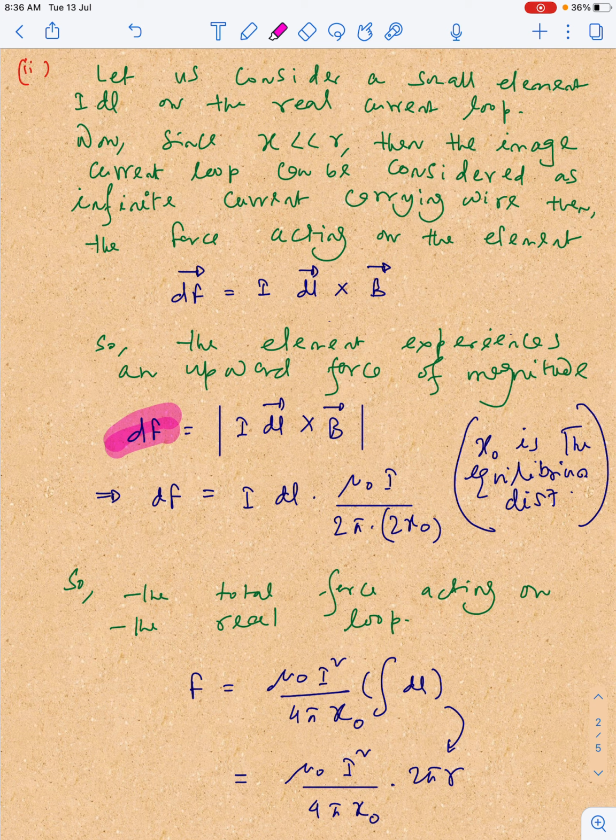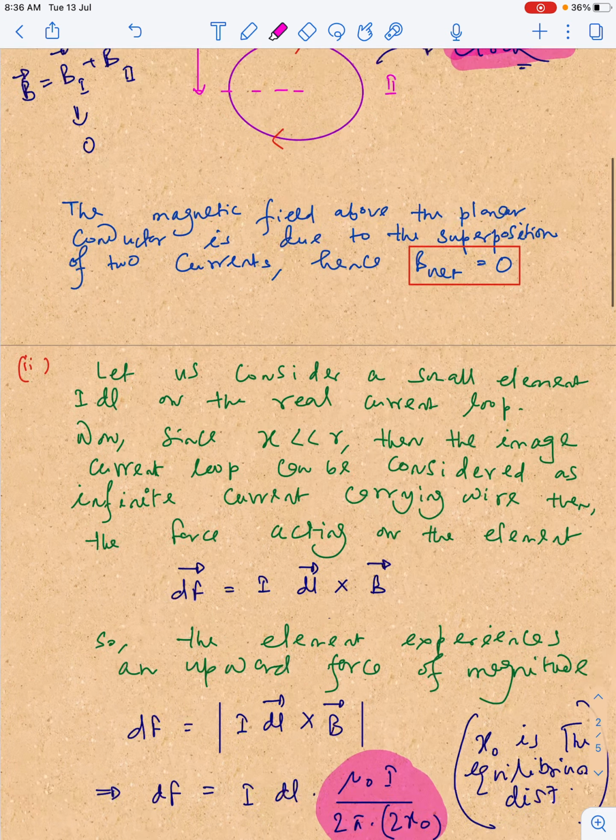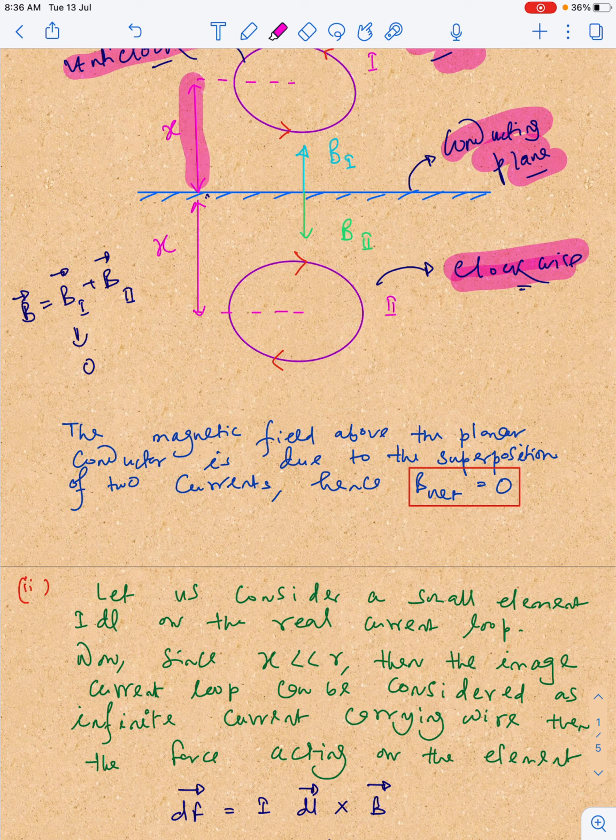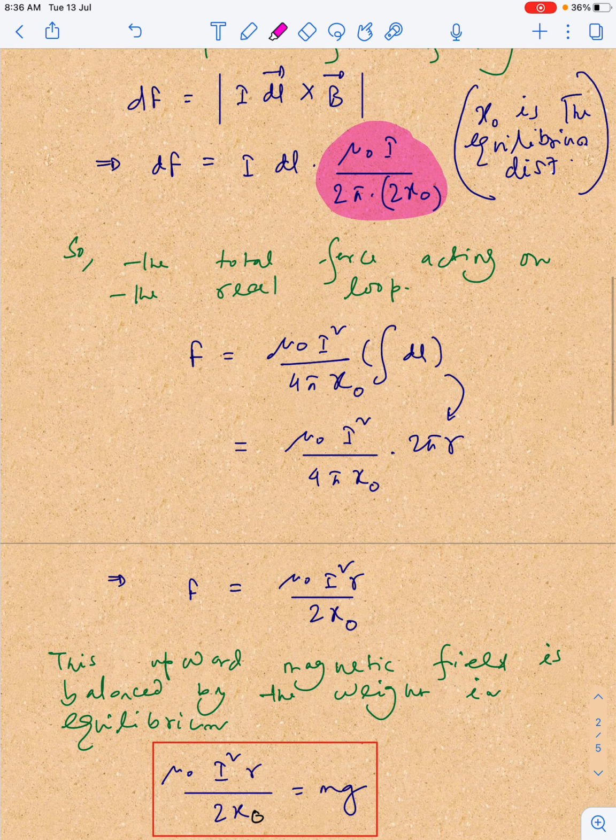Then this is the magnetic force acting. How much is that? That is IDL into the magnetic field due to an infinite current carrying conductor, that is mu naught I by 2 pi r. Here in this diagram you can see that this is x naught, this is x naught, so the total distance becomes 2x naught, where x naught is the equilibrium distance. Now for the total force, I have to integrate over dl, which becomes 2 pi r.